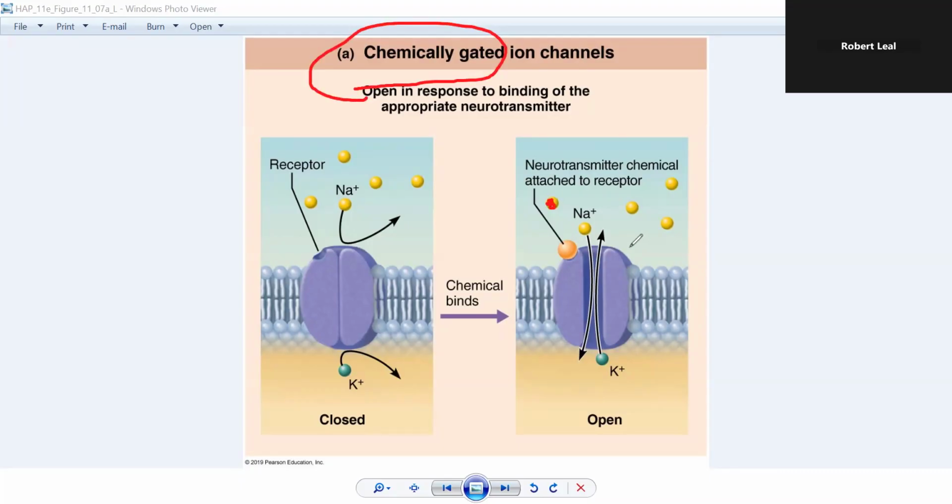If it's very specific for a channel, it'll bind to what's called a receptor region, where only that neurotransmitter will fit, like a key to a lock. It has to fit perfectly in order to open the channel. So channels that open up in response to chemicals, you refer to them as chemically gated, or you may refer to them as ligand gated. Ligand means chemical.